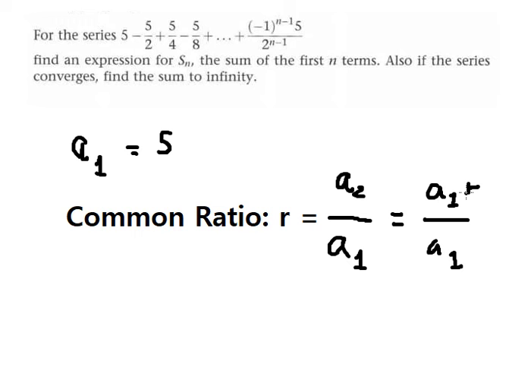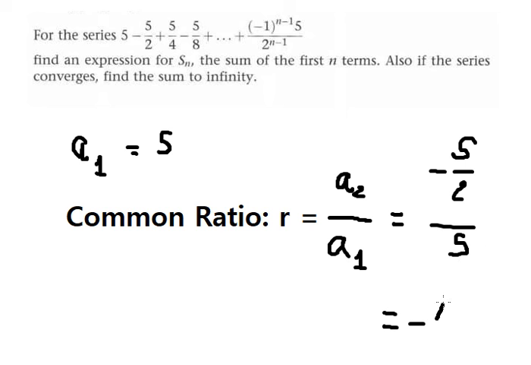So that's why we have R in here. So a2 in this situation is negative 5 over 2. So we divide this and we have negative 1 over 2.